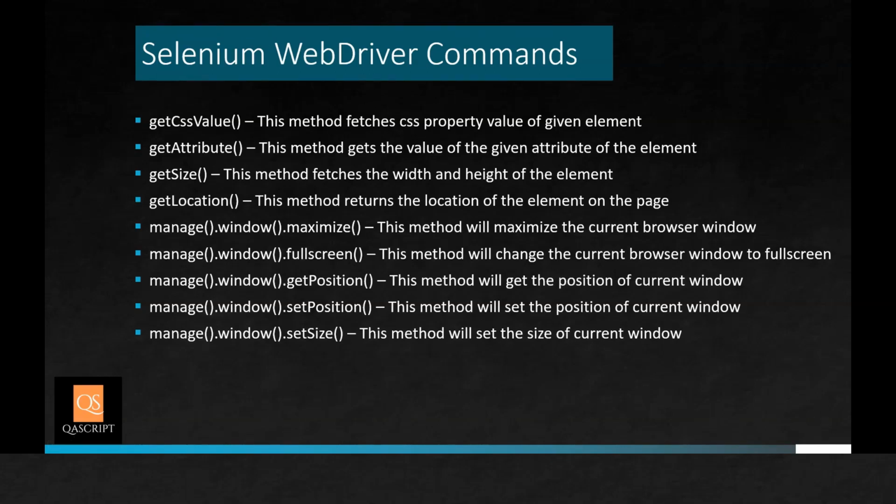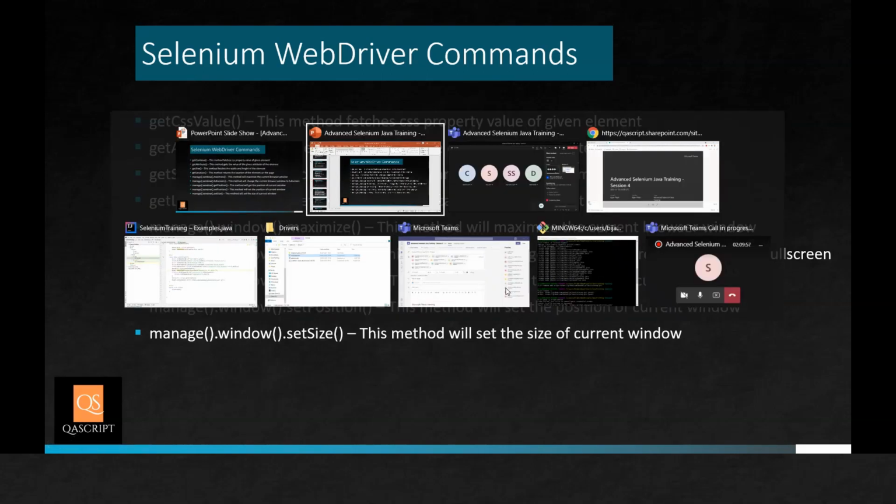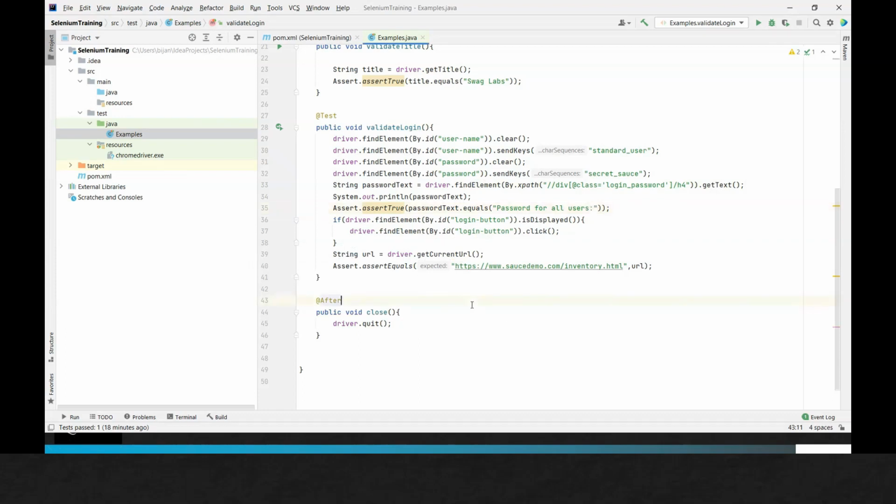So let's see. I think important ones are the get attribute. We can also see get CSS value if it is applicable for any particular element. So let's go back here.